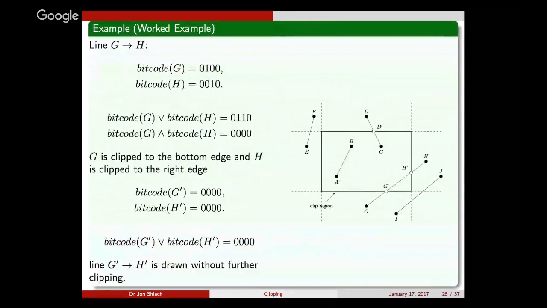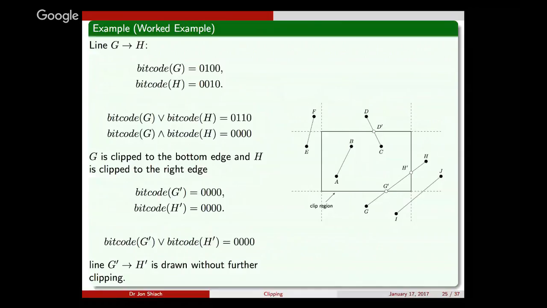G to H is a bit of a complicated one. Okay, you'd notice that G is outside, and so is H, but at some point it does cross over our window. So again, same process, calculate the bit codes of G and H. Because G or H is non-zero, we have to clip.